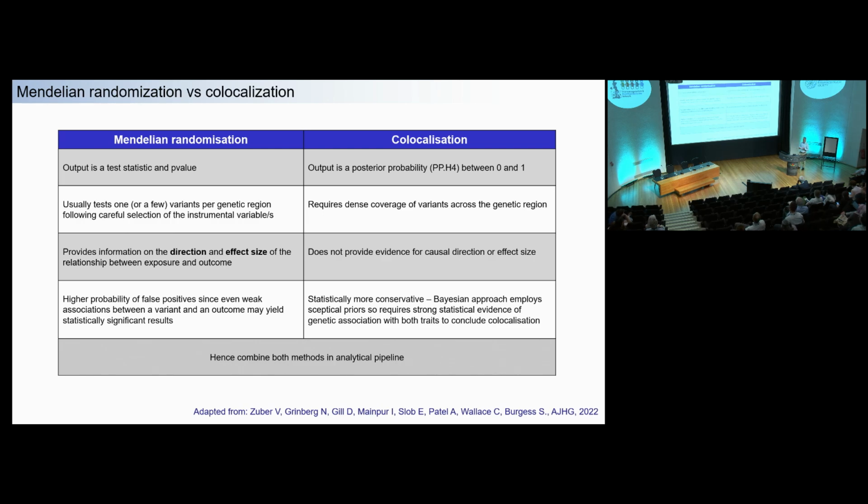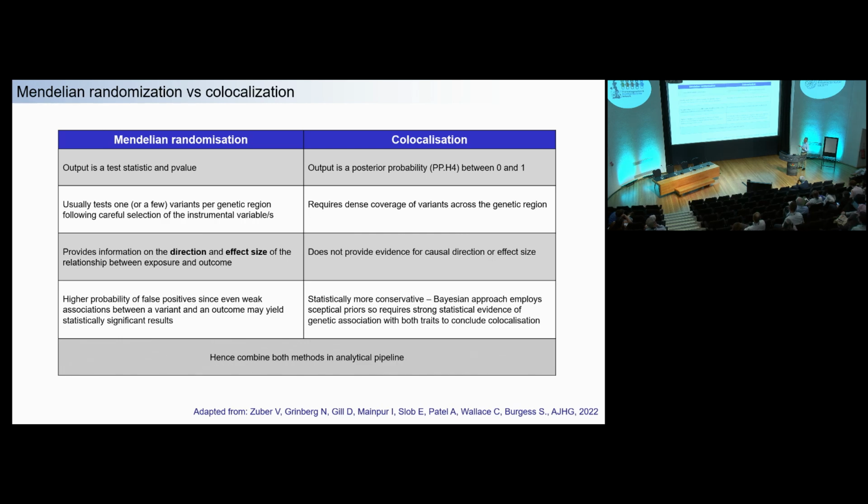and they have similarities but also important differences that make their combined use synergistic in terms of undertaking these types of analyses. So I've taken this slide from Verina's review of the differences and uses of MR and co-localization published in the American Journal of Human Genetics a couple of years ago.